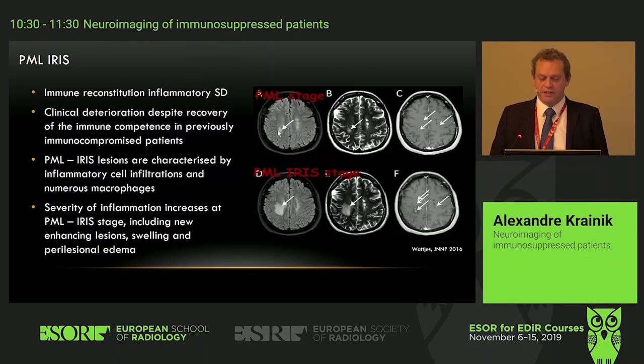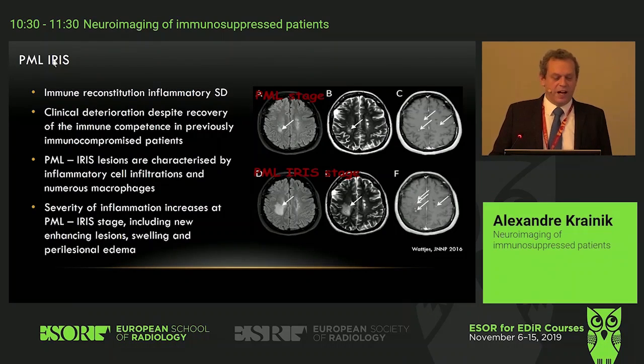And this is at the beginning, before treatment, and after treatment, you may have a real inflammatory response with an increase of the size of the lesion, like in this example here on T2, and an increase of contrast enhancement, or it may appear when it was not present at the beginning.